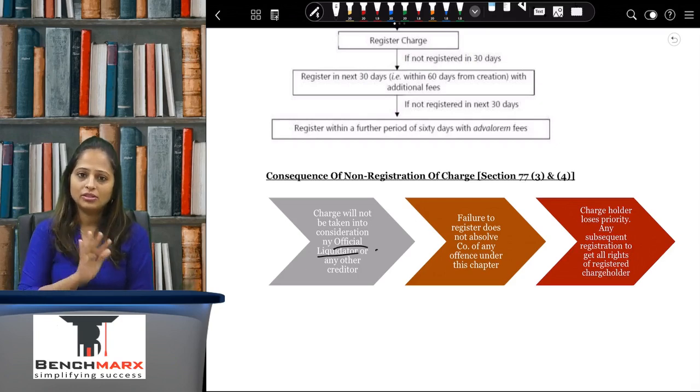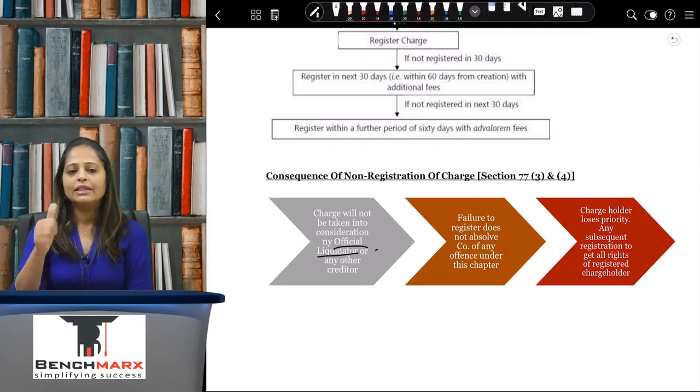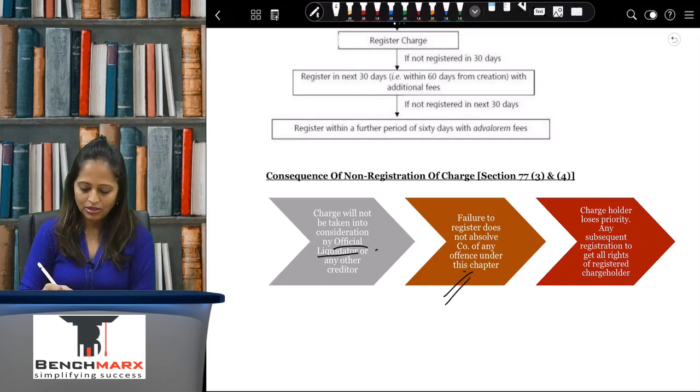But if you are a secured creditor and there is an asset left, then you will get the money from that particular asset. So in this case, you lose the benefit of being a secured creditor in spite of being one. That is one consequence of non-registration of charge. But does that mean that the company does not have to repay because the charge is not registered? No, you are an unsecured creditor and the company is still responsible to repay that amount to the charge holder.